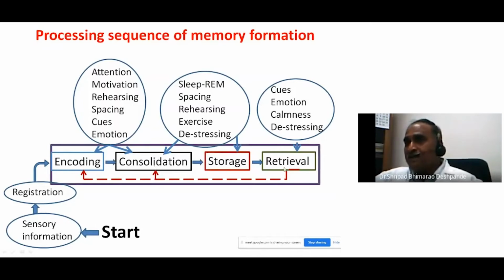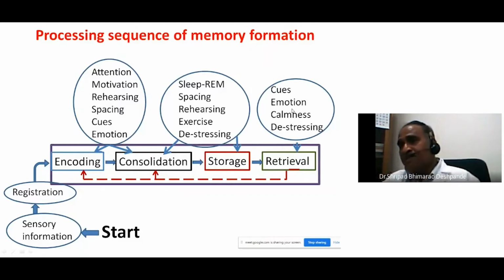Then about retrieval. Retrieval depends upon, as I have already mentioned, the cues with which you stored the memory and the emotion associated with the memory. And this works wonderfully if you are calm, not stressed, not anxious. This becomes essential when you face the oral examination.